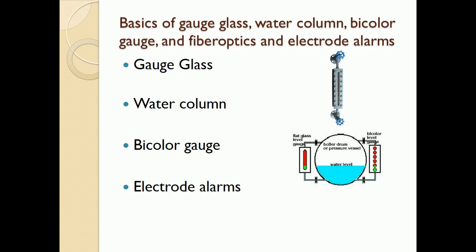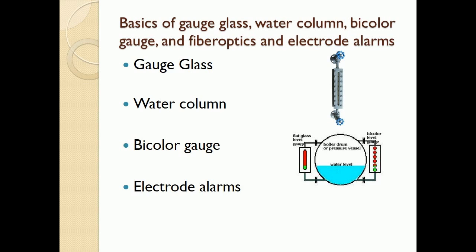The basic types of level measurement for steam drums are gauge glass, water column, bicolor gauge, fiber optics, and electrode alarms. Each one may have an advantage over the other. Gauge glasses can get dirty and are hard to see without additional lighting.